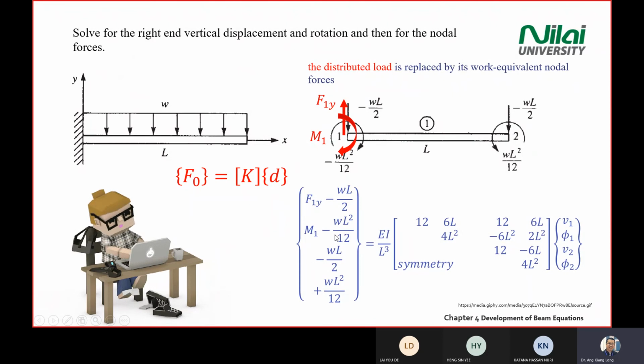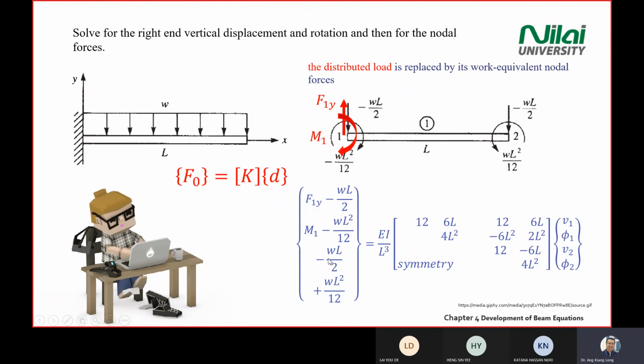And then you look at the moment. If you take the beam alone, you will have a negative WL squared divided by 12, plus the additional support that you have from the wall, which is M1. So M1 is positive, negative WL squared divided by 12. You have solved the first point already. You continue with point number 2.